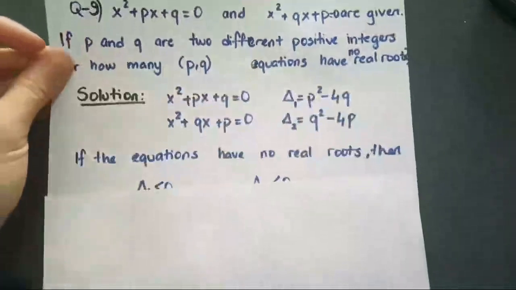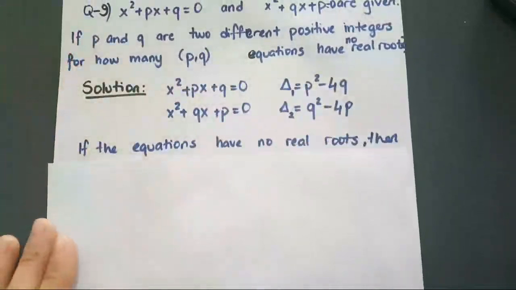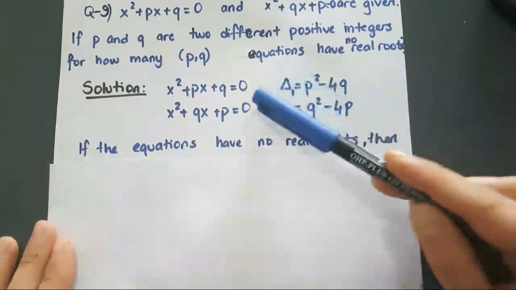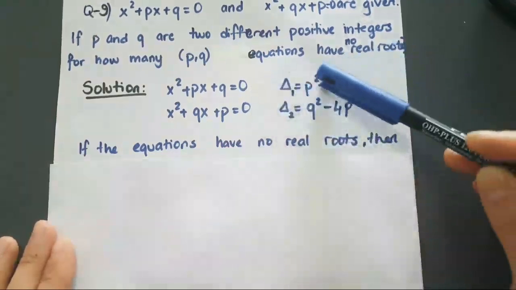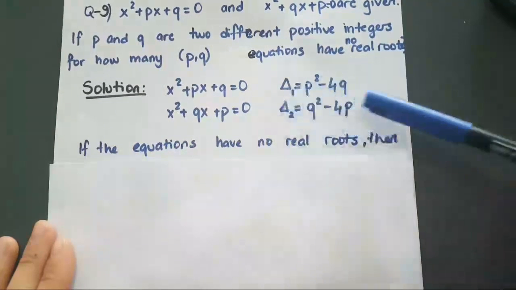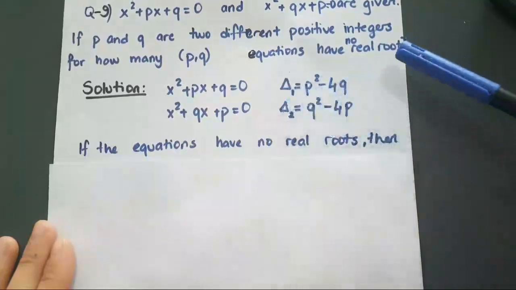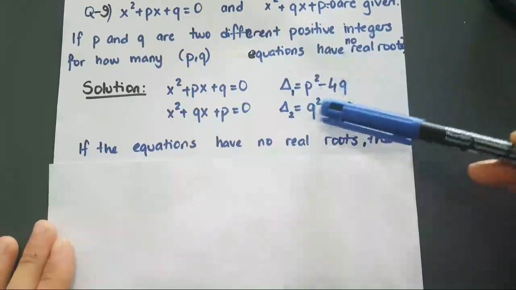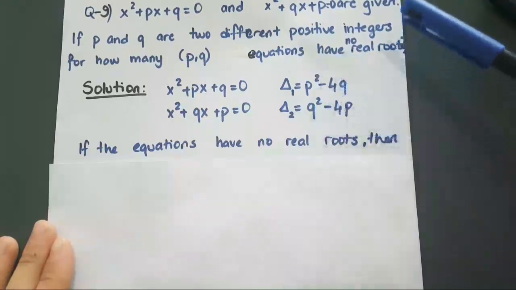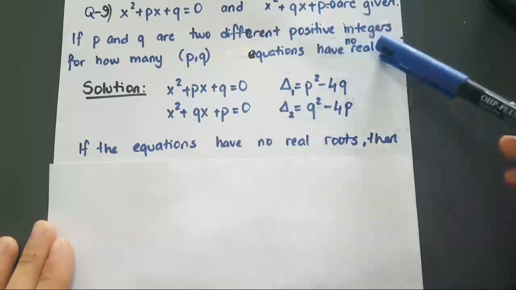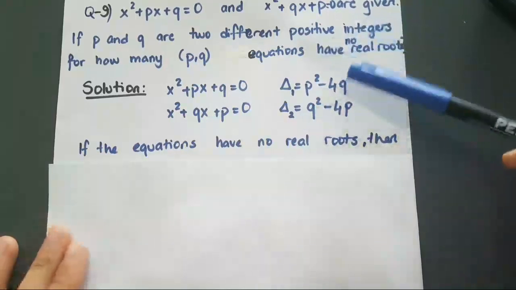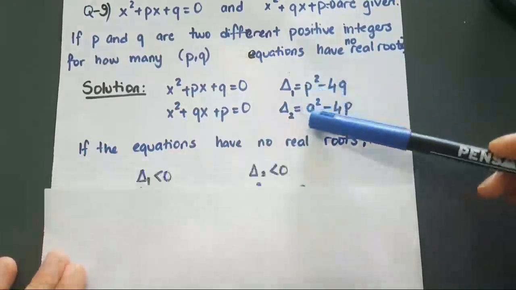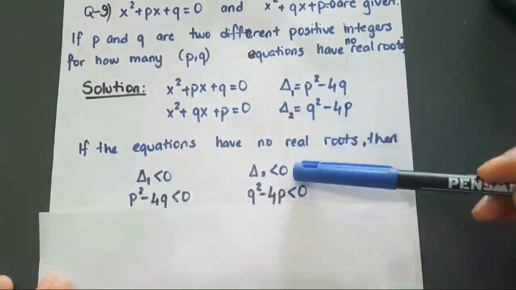First, we said that if the equations x squared plus px plus q and x squared plus qx plus p are given, delta 1 will be p squared minus 4q, and delta 2, the discriminant of the other equation, will be q squared minus 4p. The question says they have no real roots, which means that delta 1 and delta 2 are both smaller than 0.